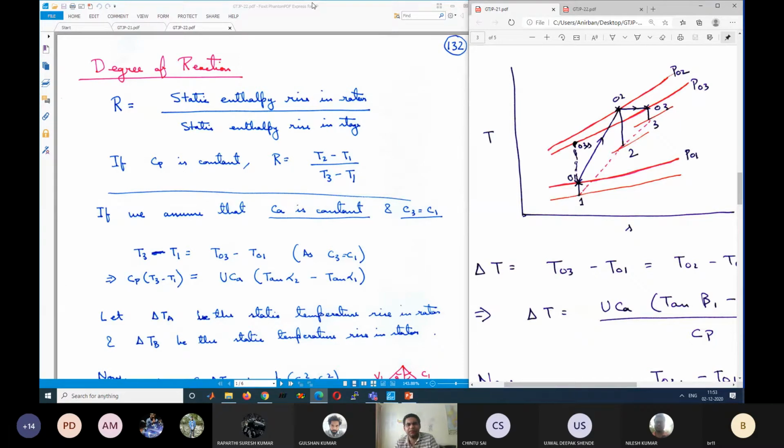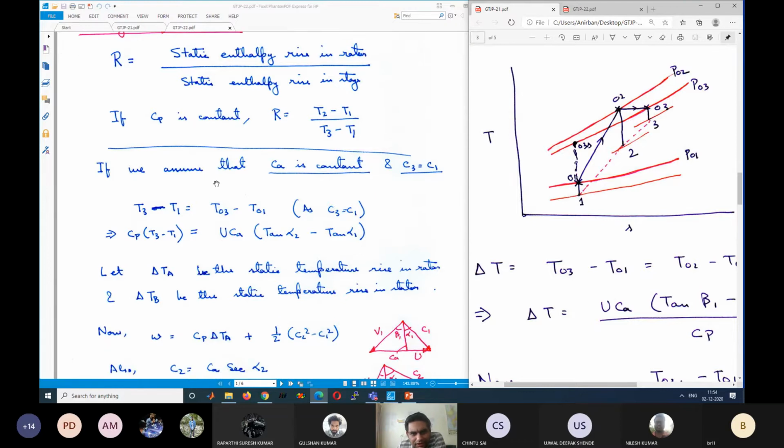This is the compressor we are discussing, but we will discuss a similar thing for turbines also, where the burden of expansion is divided between the rotor and the stator. In these cases, R is kept between 0 and 1, typically around half. This is for the compressor; a similar thing can be discussed for the turbine later on.